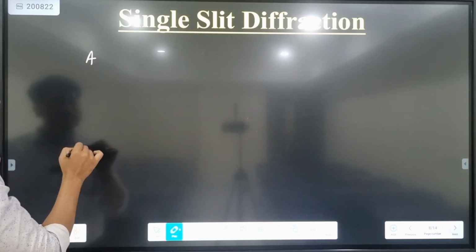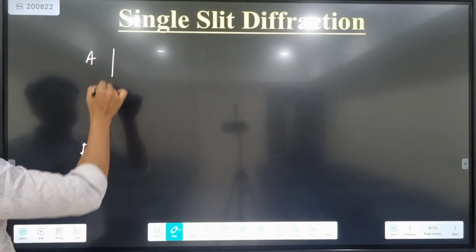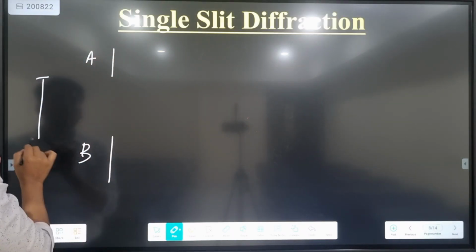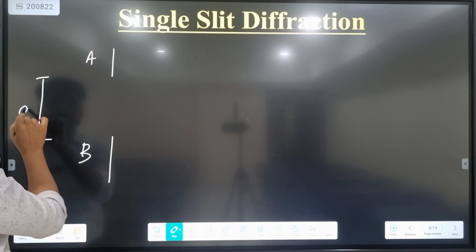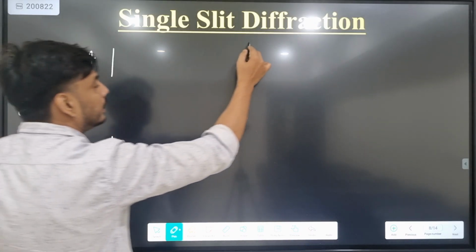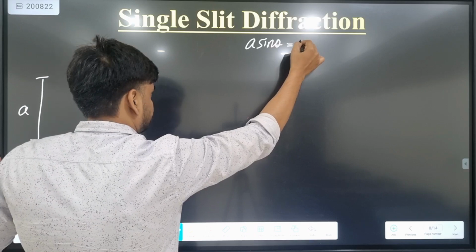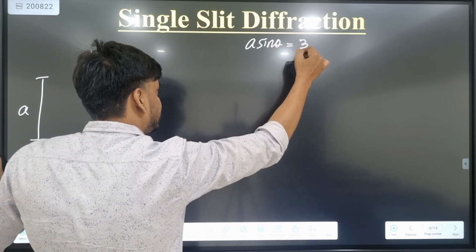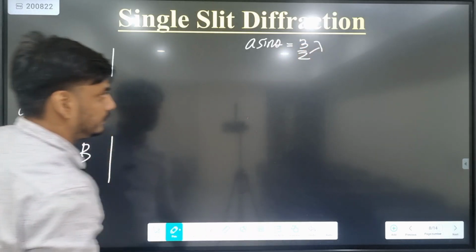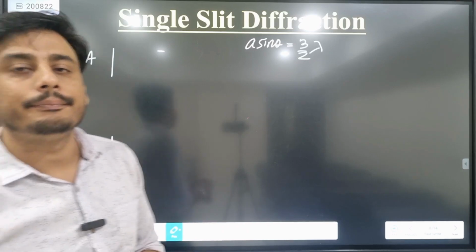Same thing here also. We consider one point A, another point B, and the width of the slit is a. Now let the path difference a sin theta be 3 by 2 lambda, 1.5 times lambda.